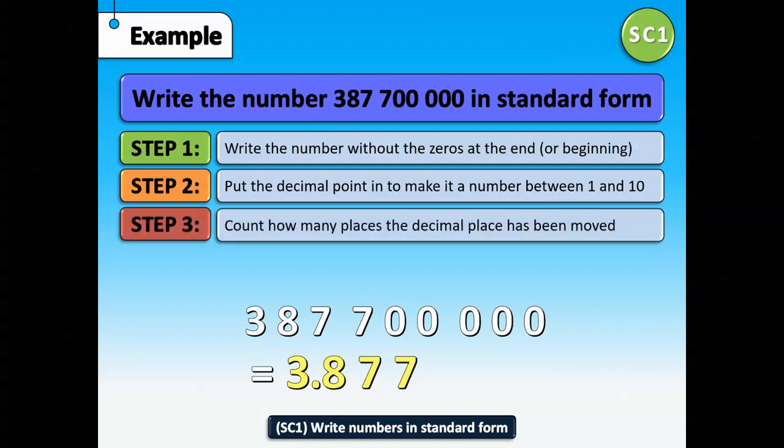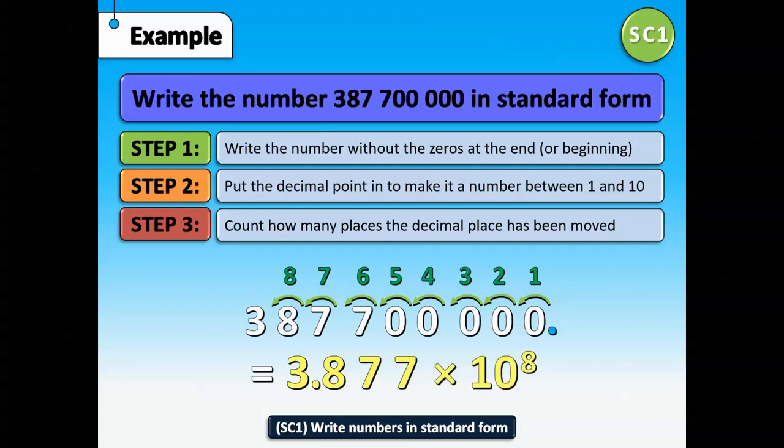Then we count how many places the decimal point has been moved. So the decimal point started at the end of the number, and it's been moved forward 8 places. So it's times 10 to the power of 8, because the decimal point has moved 8 places forwards.